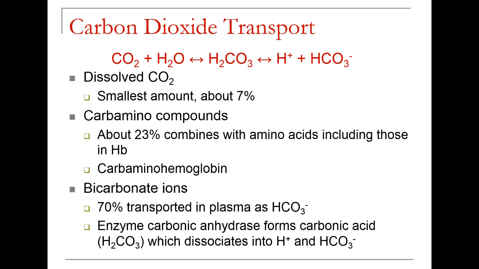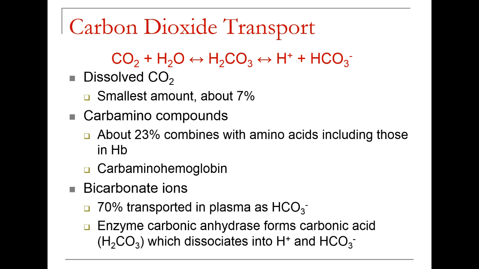It could also be carried as carbamino compounds. That means that it's combined with the amino acids in hemoglobin. So carbamino hemoglobin is hemoglobin with carbon dioxide transported on the globin portion of the hemoglobin. It's not carried on the heme portion, it's carried on the globin portion.